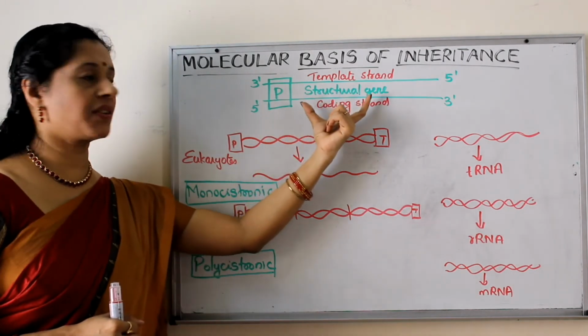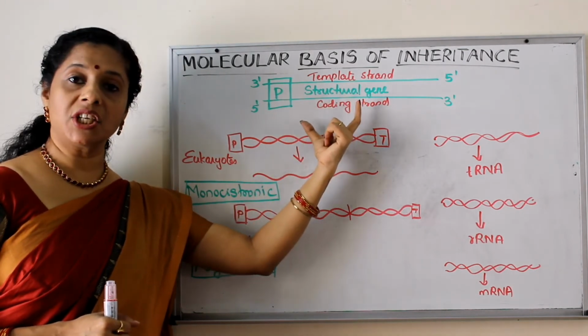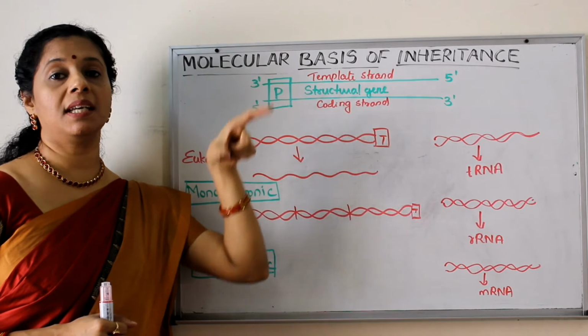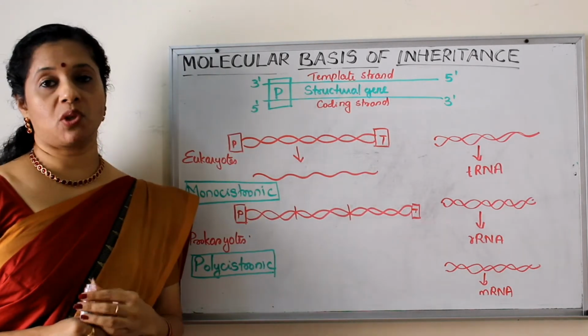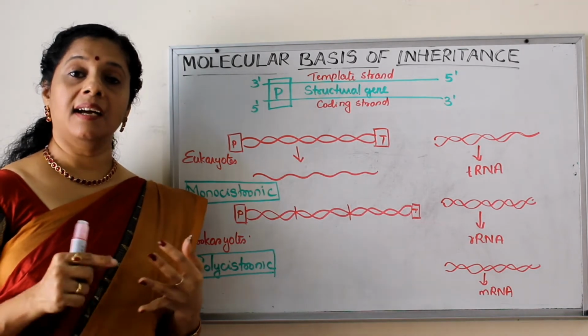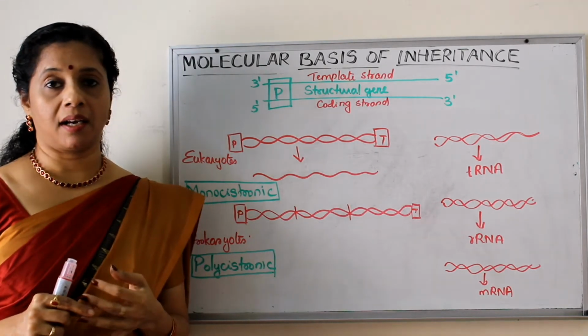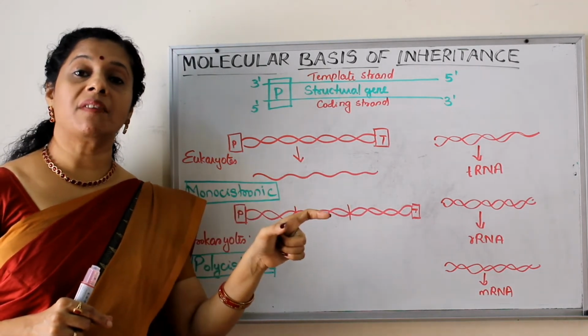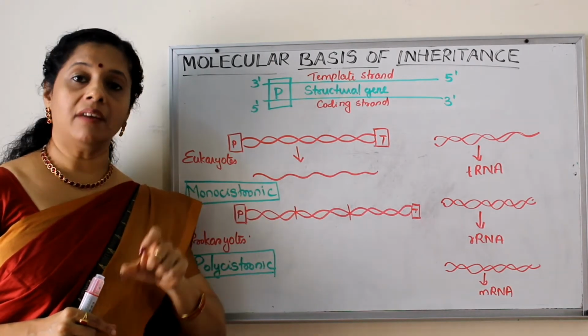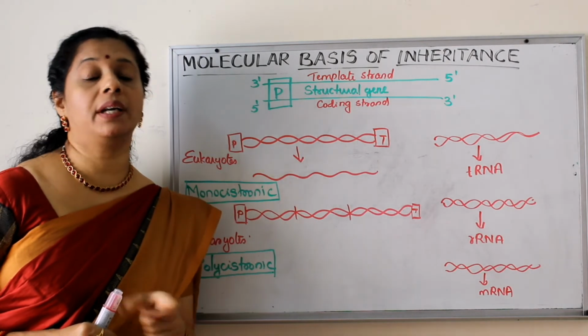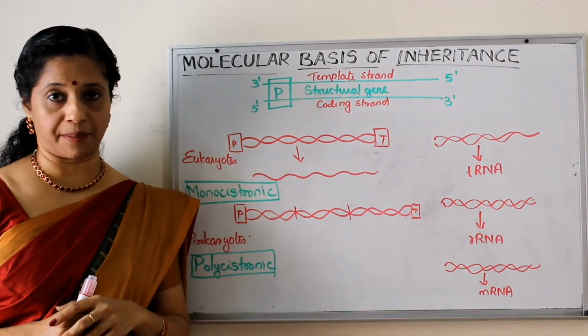Now let us see the structural gene part. Structural gene is the part which is actually being copied into RNA, right? So we know that there are 3 types of RNA, tRNA, rRNA and mRNA. All these 3 types of RNA are equally important for protein synthesis. They have their own specific roles to do in protein synthesis or translation.